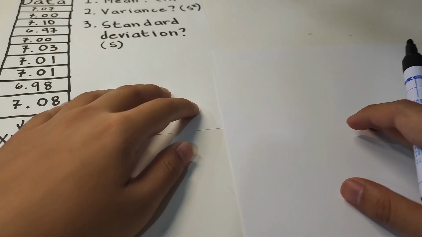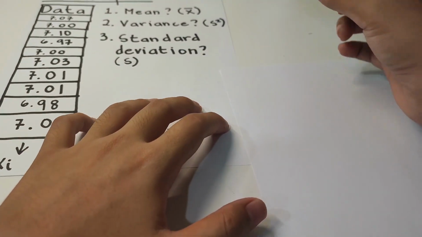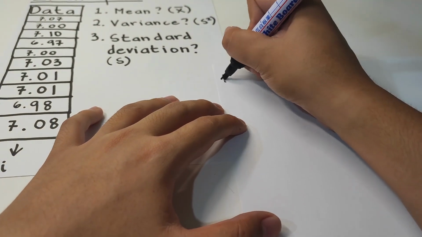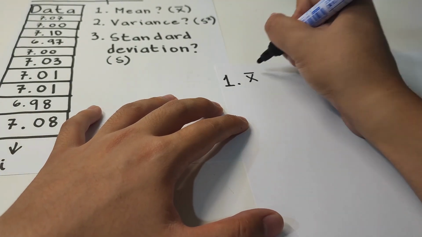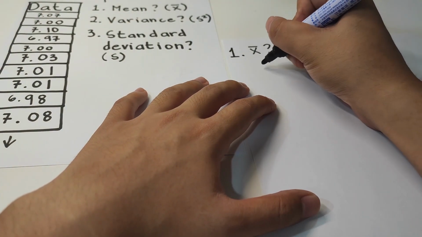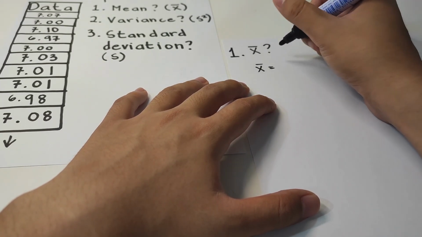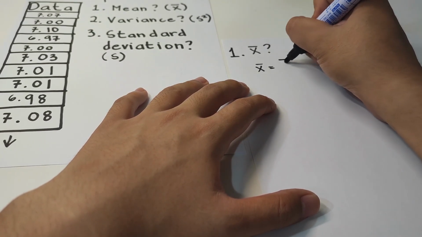So for number 1, we are asked to find the mean. This will be the sum of all the values.